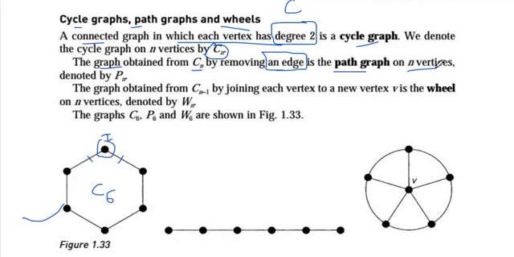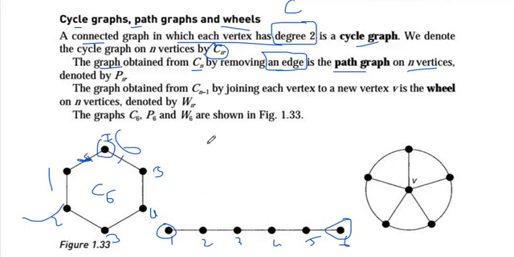Let's say I have removed this edge, and I will put the same labels, 1 2 3 4 5 and 6. Both 1 and 6 will have only degree 1. Why? Because we have removed one edge. So it's called a path. It's a cycle from which you have removed one edge.